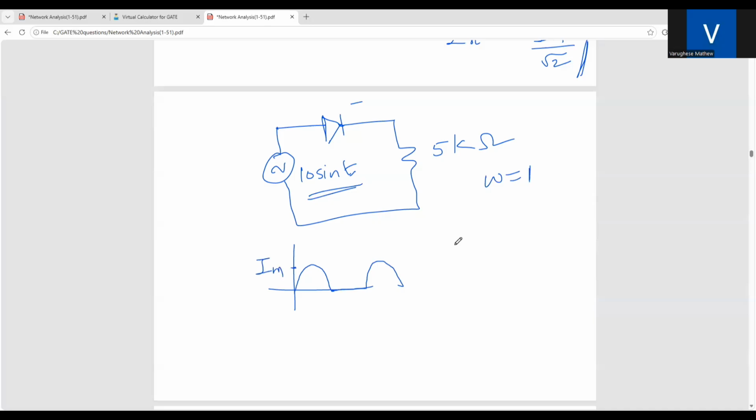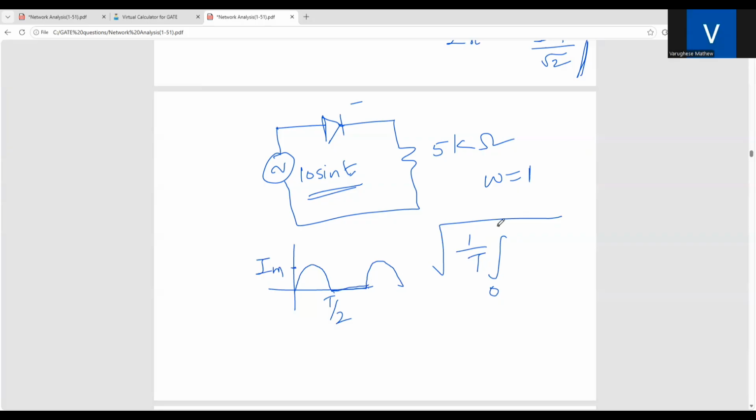So now root mean square will be root of 1 by T integral 0 to, here what do I put? I put T, because 0 to T it's not having value. It's having value only from 0 to T by 2. From T by 2 to T, the value is 0.